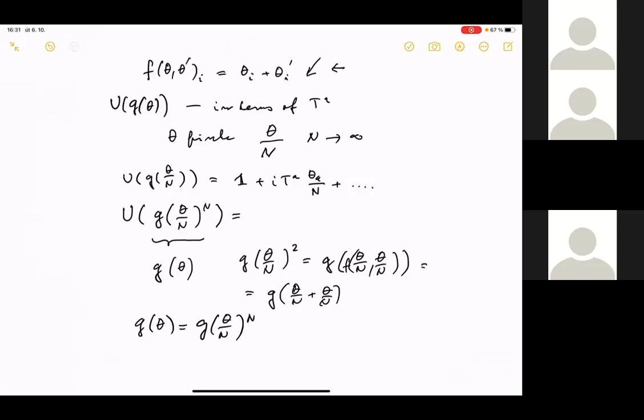On the other hand, we can express this as (1 plus i T_A theta^A over n) to the nth power, because we have the composition law corresponding to the representation on the Hilbert space side. And when we set n to infinity, we can calculate this limit, and it is nothing else but the exponential.